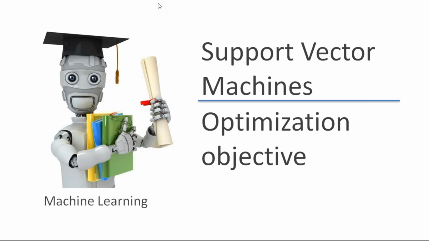When we were working on logistic regression, we covered classification. When we worked on random forest, we covered classification. When we worked on decision tree, we covered classification. Similarly here also, support vector machine is a very powerful classification algorithm.